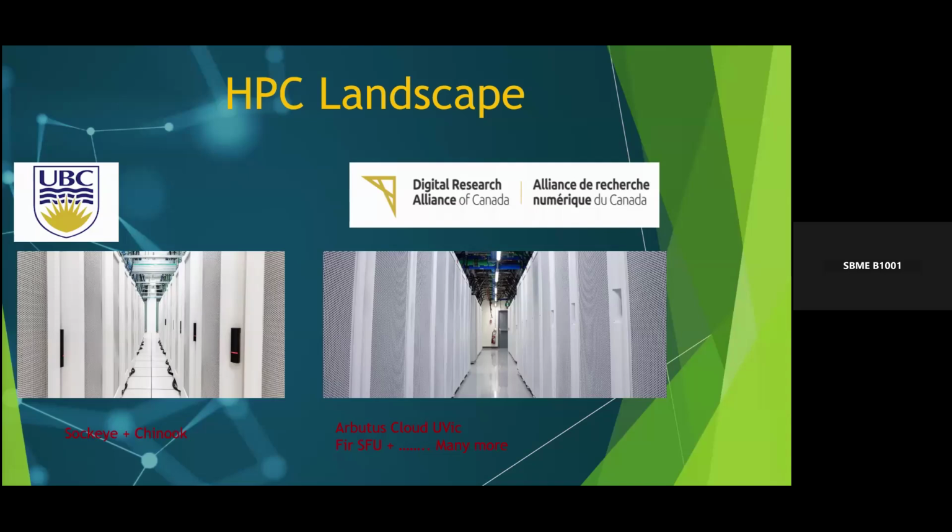I'm sorry, this red color is not very visible, but it's not important at the moment. I will be talking about this. Nevertheless, the Alliance is providing multiple HPC sites across Canada, from East Coast to West Coast.